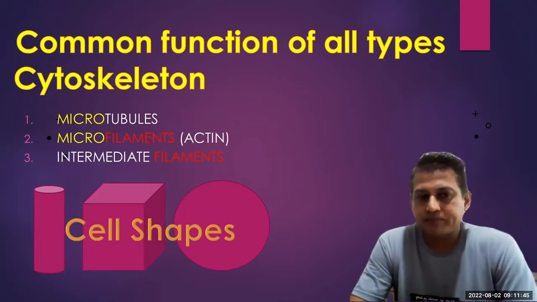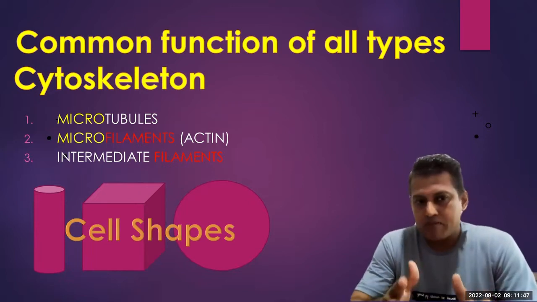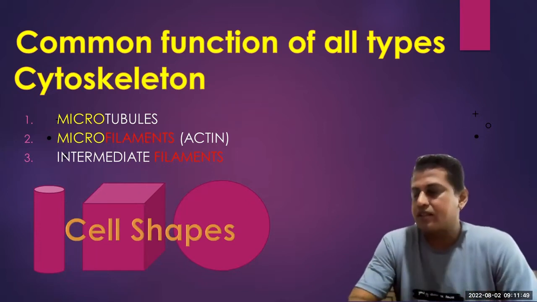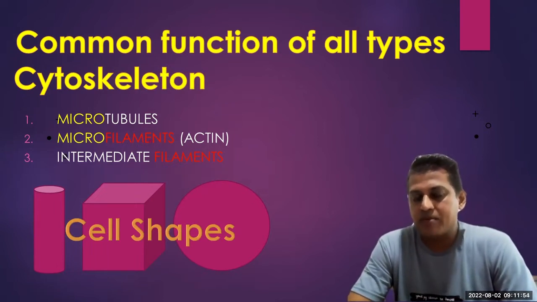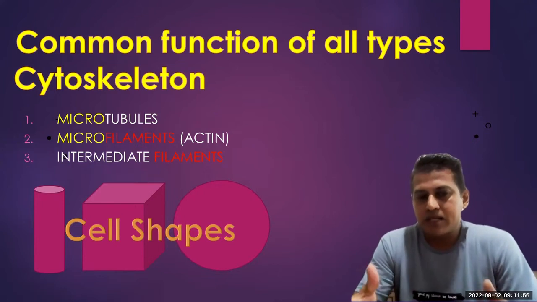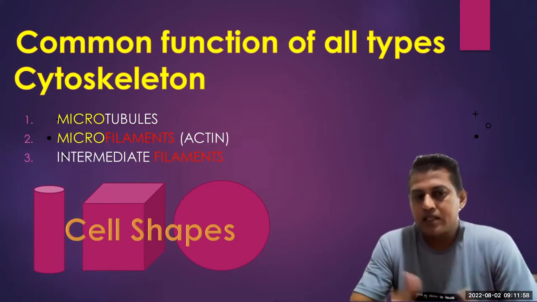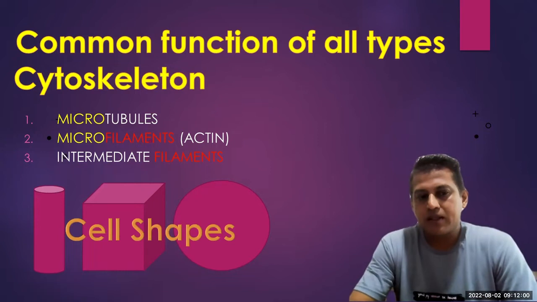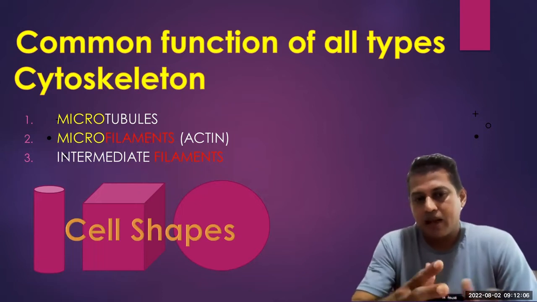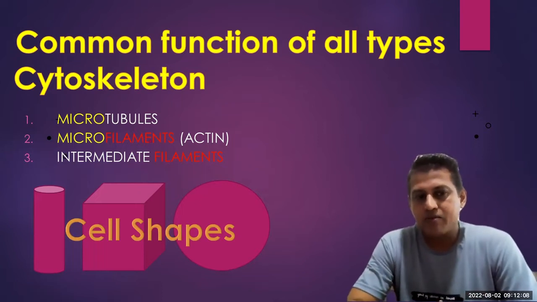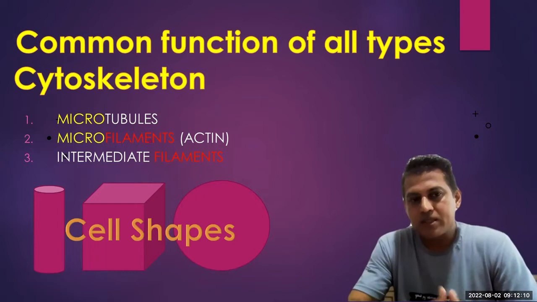Cell shape. Some cells are round shaped, some cells are tube shaped, and some cells are cylindrical. You will see many different shapes of cells, and the cell shape is decided by the organization of the cytoskeleton.